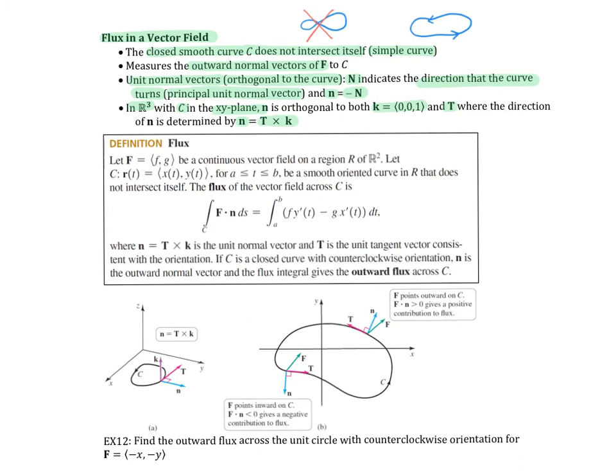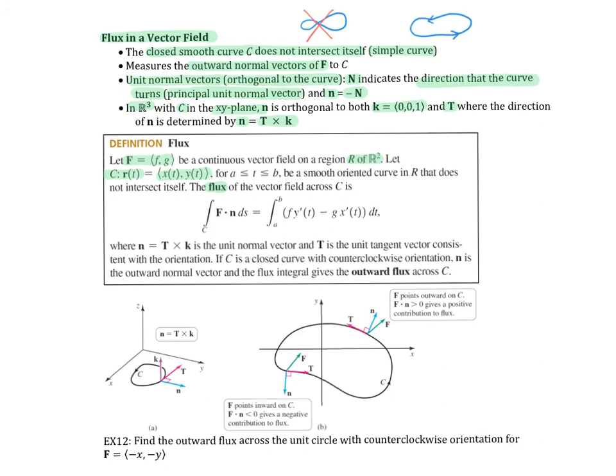The definition for flux is then, given our vector field F, g and some region, we're going to have a curve, a vector function x, y, smooth, oriented, does not intersect itself. Then to compute flux, again, we're trying to find normal vectors. For circulation, we're looking at vectors that are tangent to the curve or that go with the curve, so we dotted the vector field with the tangent vector.